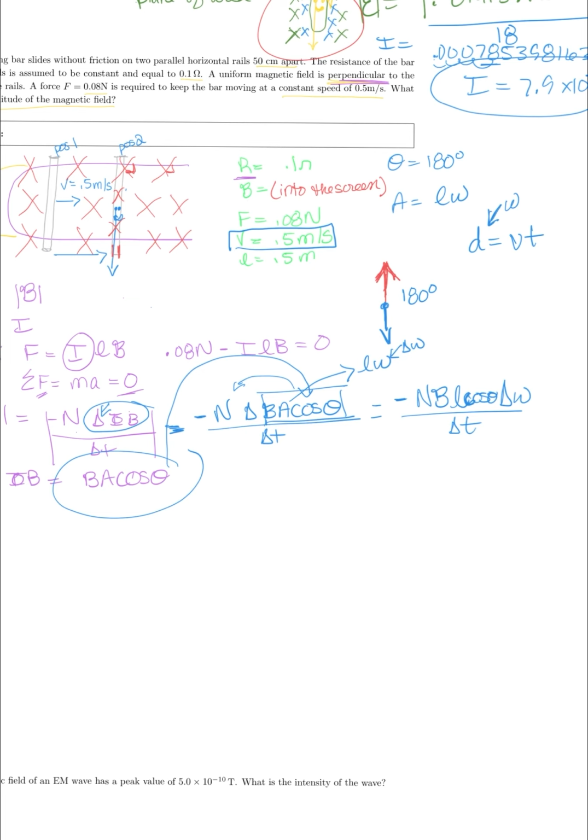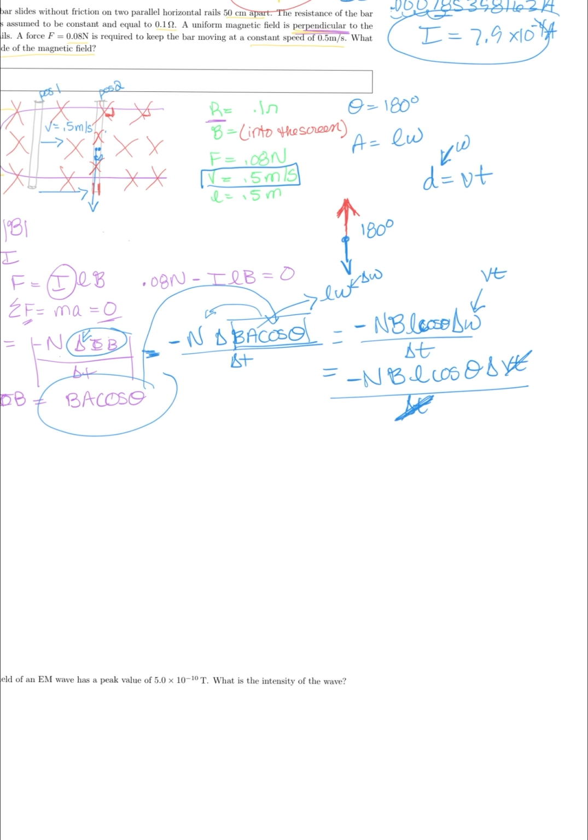So now we can plug in VT for this. So now we're getting somewhere. BL cos theta change in VT over change in T. Well, look, we have T on top and bottom, so we actually didn't even need time. We can cancel that.